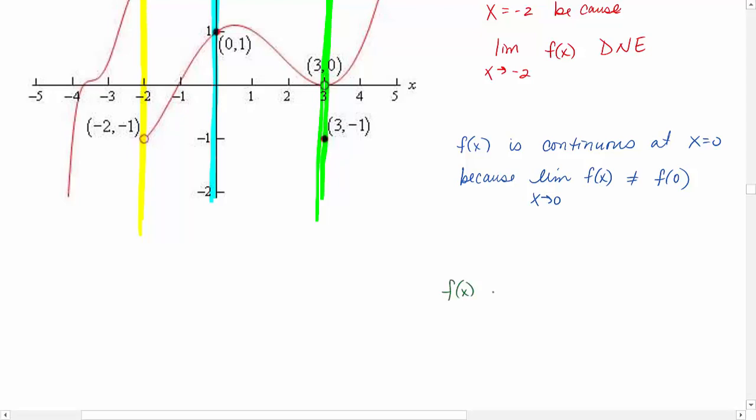F of x is discontinuous at x equals 3 because although the limit as x approaches 3 exists, the left and right hand sides are both approaching 0, the limit and the actual point value are not the same. Therefore, it's discontinuous.